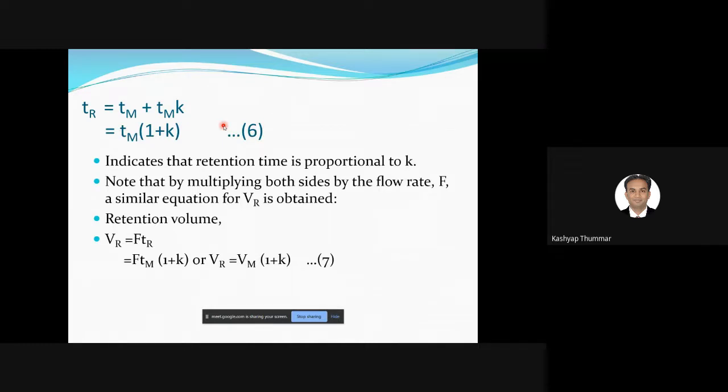If retention time is shorter, then retention factor is also shorter. Note that multiplying both sides by the flow rate, a similar equation for VR is obtained. So the retention factor also depends on volume. If the retention time is more, the volume of mobile phase required to elute is also more, and the retention factor is also more.